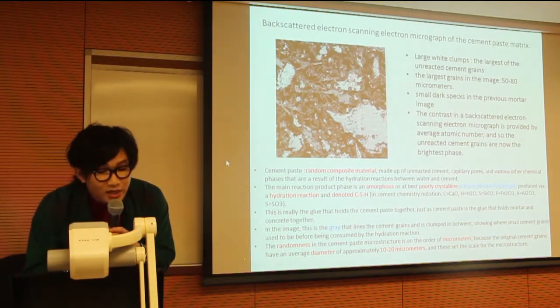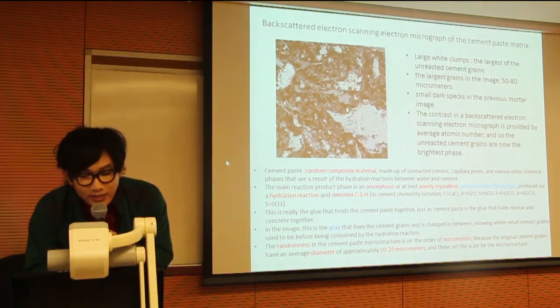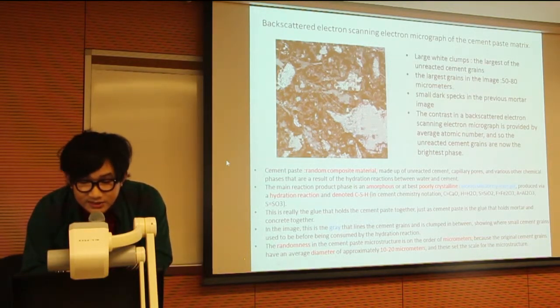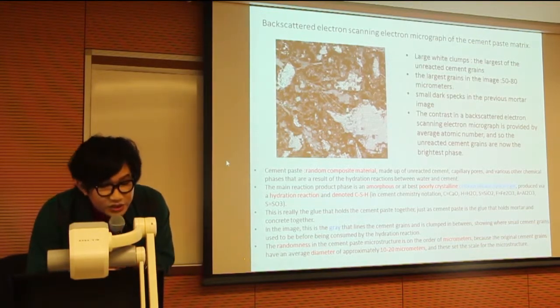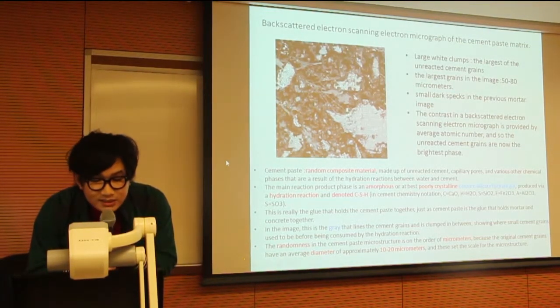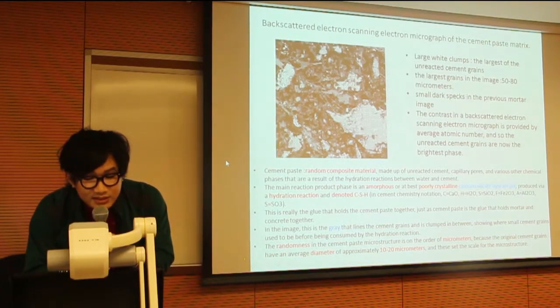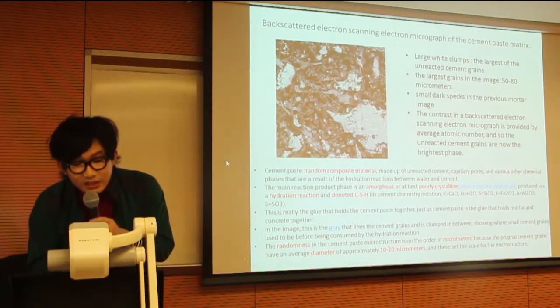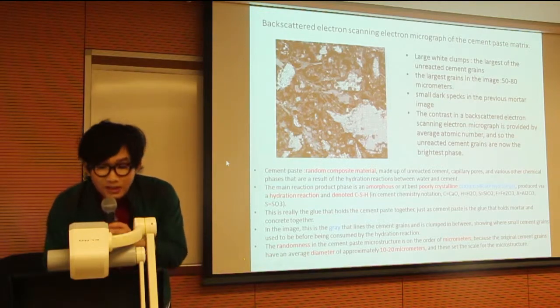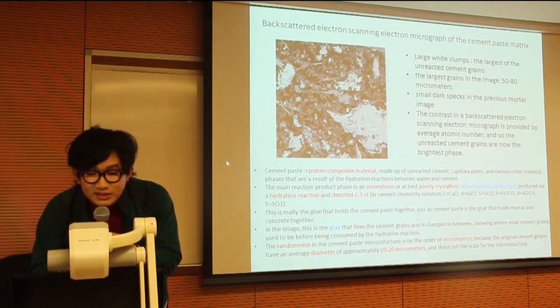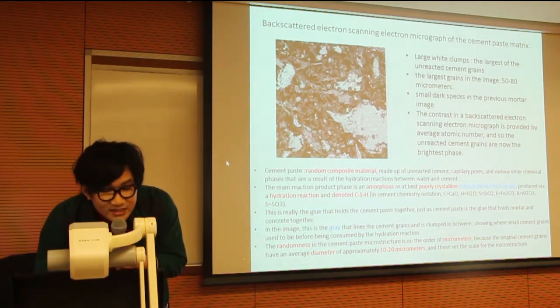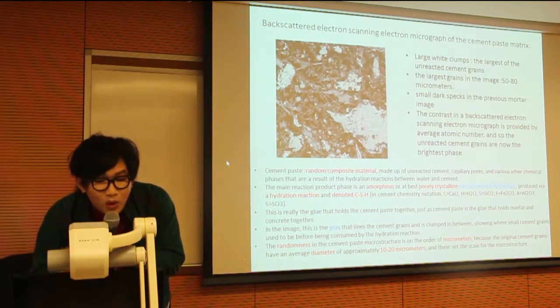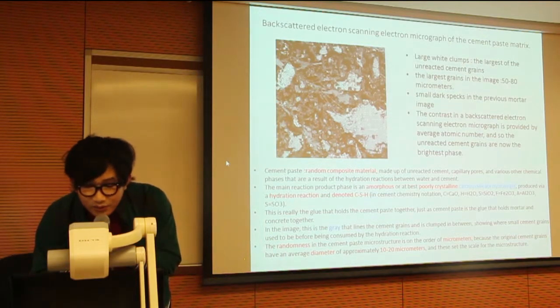The main reaction product phase is an amorphous or at best poorly crystalline calcium silicate hydrate, produced via a hydration reaction and denoted CSH in cement chemistry notation. And this is really the glue that holds the cement paste together, just as the cement paste is the glue that holds mortar and concrete together.